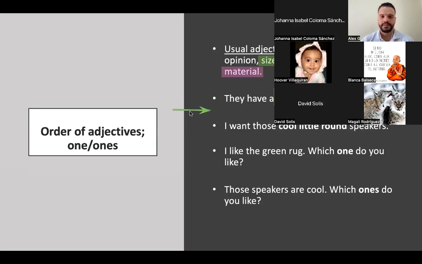What about this one here? Can you read this one, Blanca? Yes. I want those cool, light, little, round speakers. Excellent. Pronunciation: little. Excellent. What about this one, Hoover?